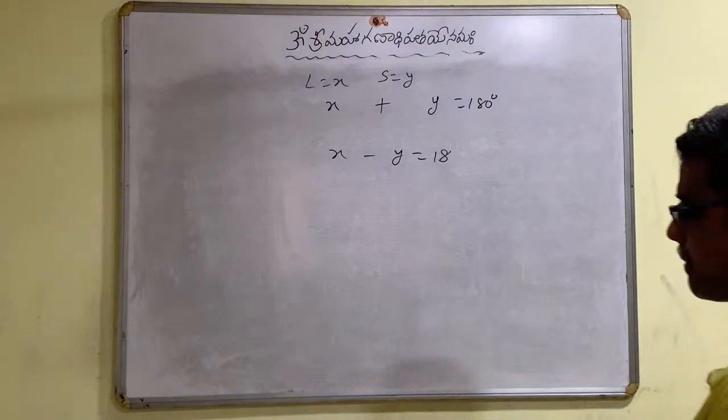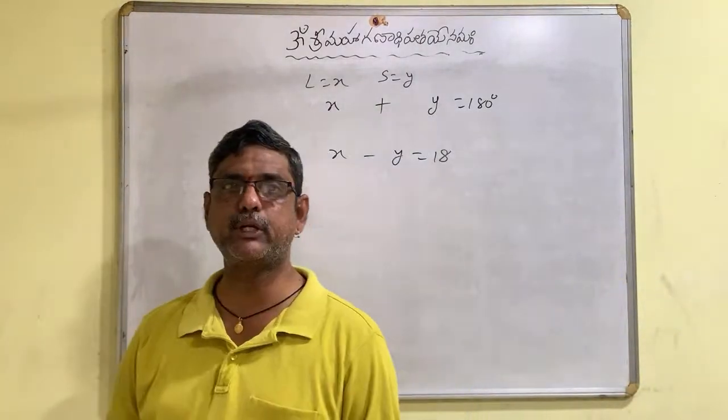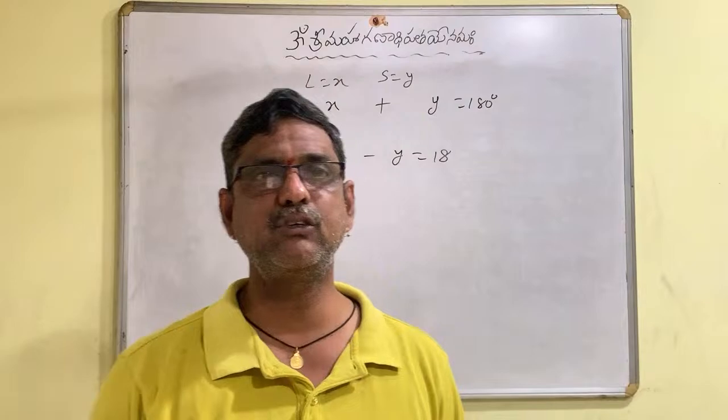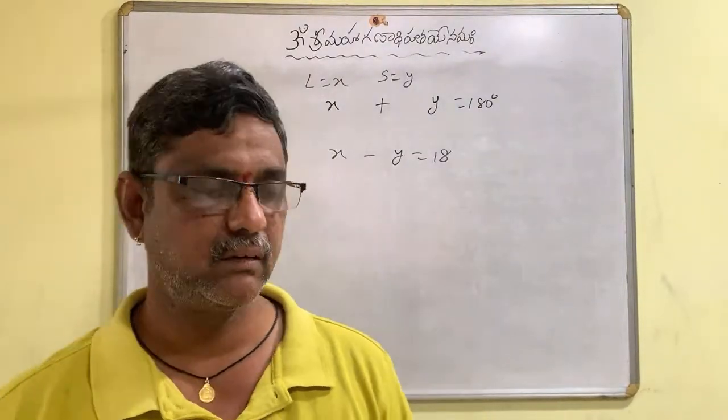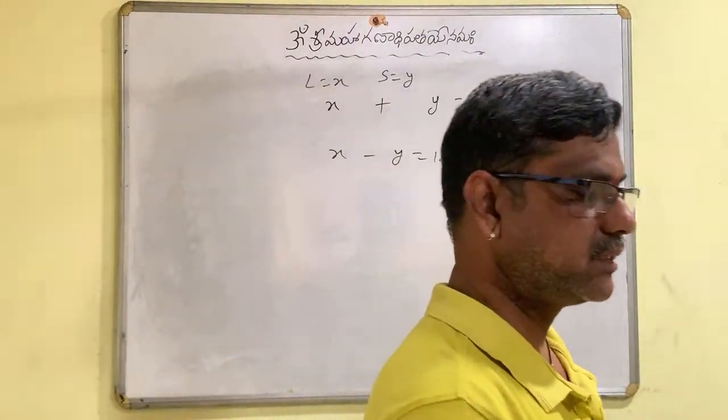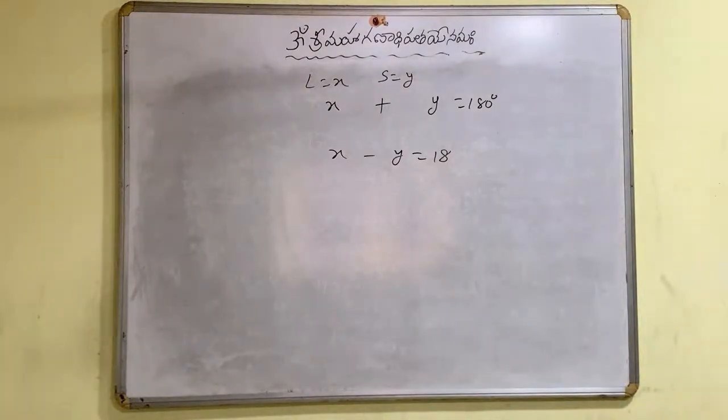So we got both equations, x plus y is 180, x minus y is 18. Now in order to apply substitution method, which equation we will select? I am not asking the answers.